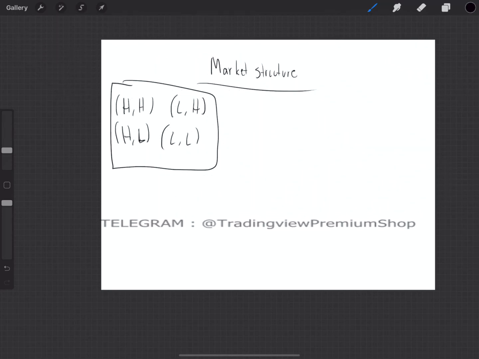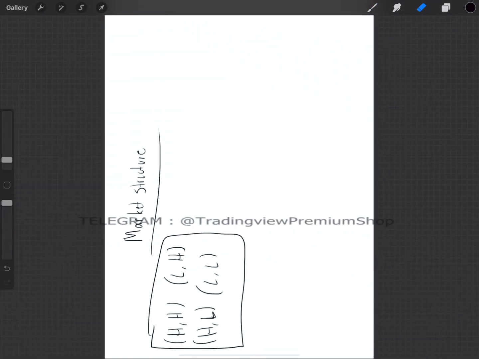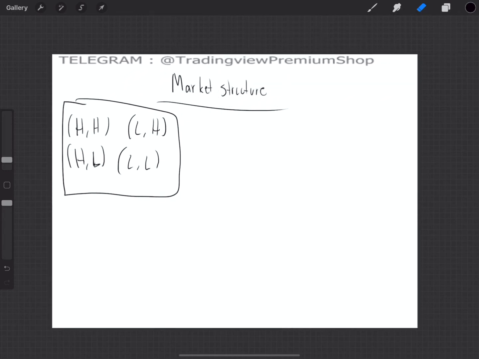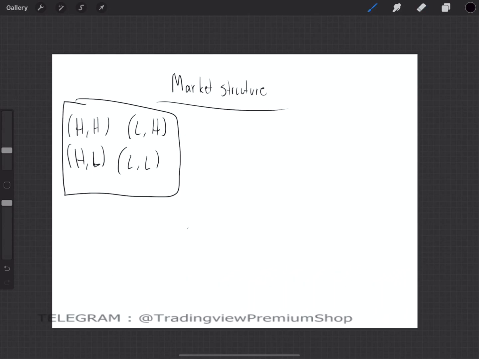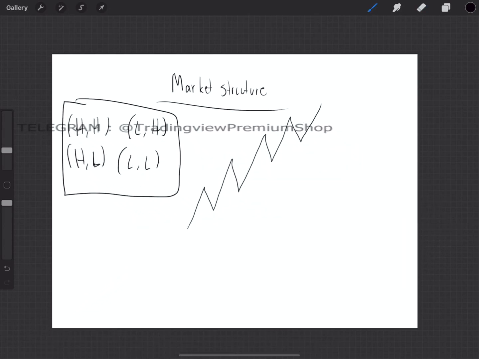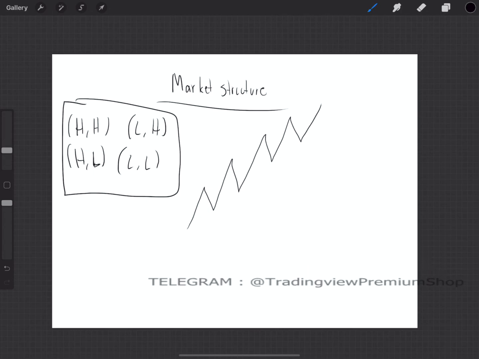So let's say, for example, we have an uptrend. So let's say it looks something like this. Alright, so that'll be your usual uptrend that you'll see in the markets when the market's moving. And then you have your downtrend.